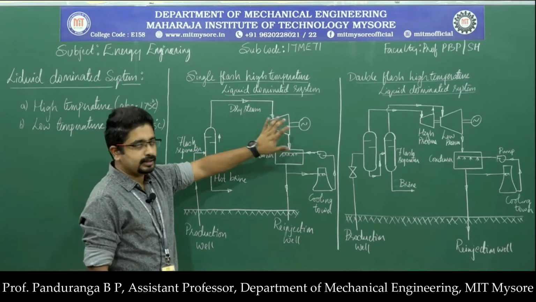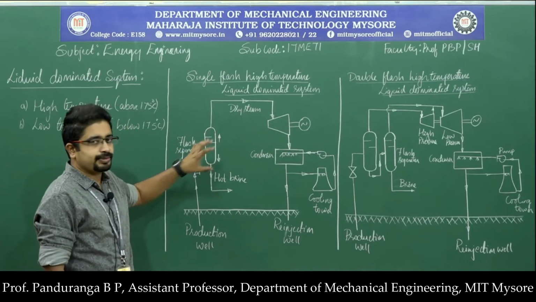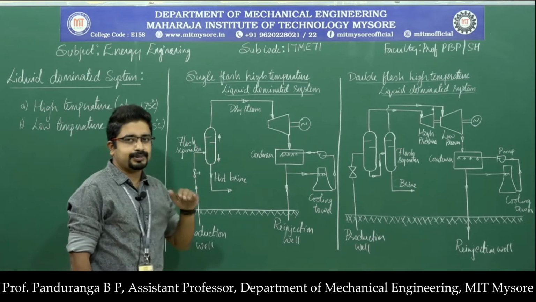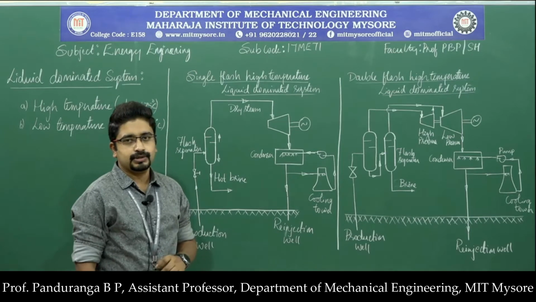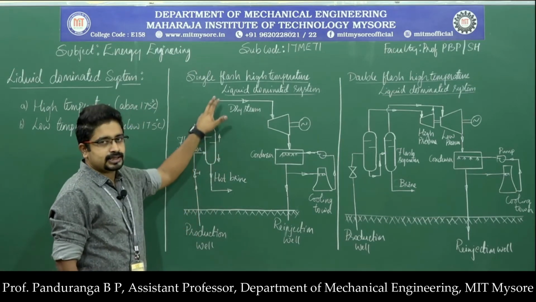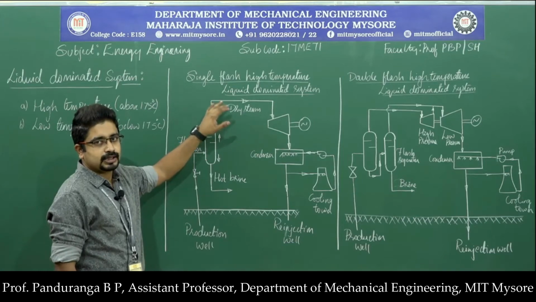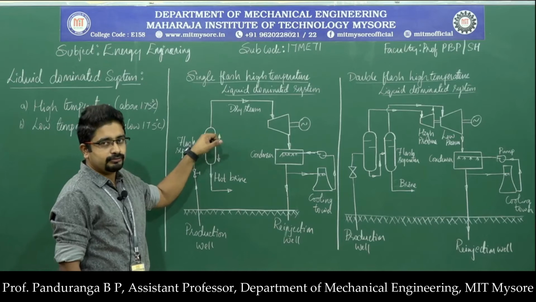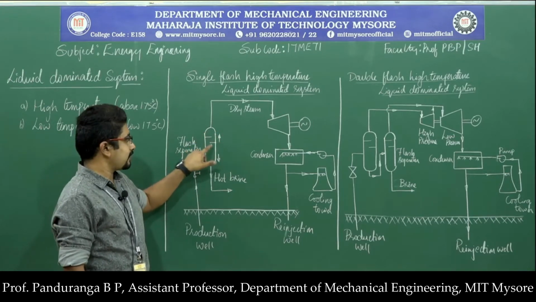This is the turbine, and in the flash separator you can see that we have provided baffles at the upper portion of the flash separator. We have provided these so that when the dry steam is going out of the flash separator, it will not carry liquid water with it.